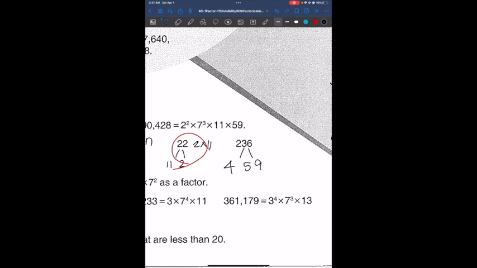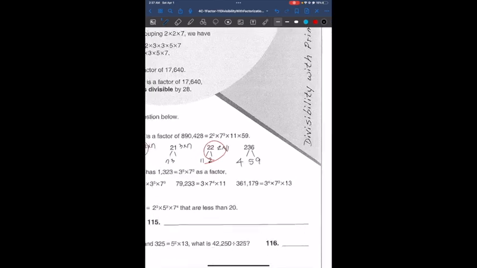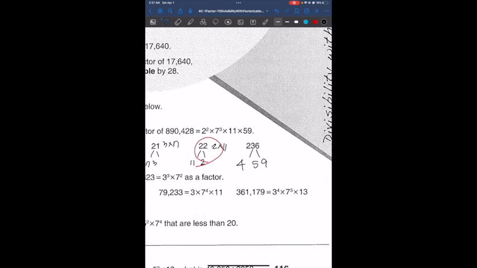And 59 is a prime number, and 4 can be expressed as 2 times 2, so 236 can be expressed as 2 to the power of 2 times 59, and we have both in the prime factorization of 890,428, so 236 is also a factor.